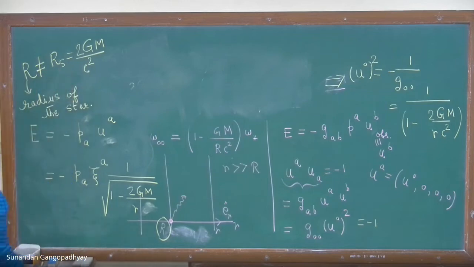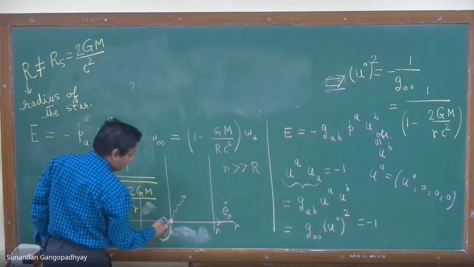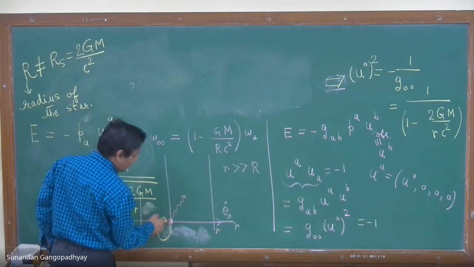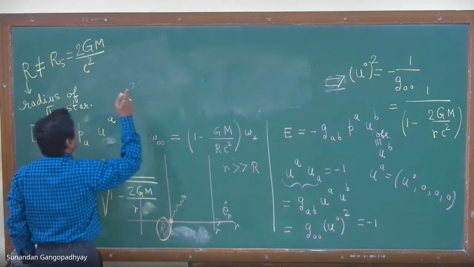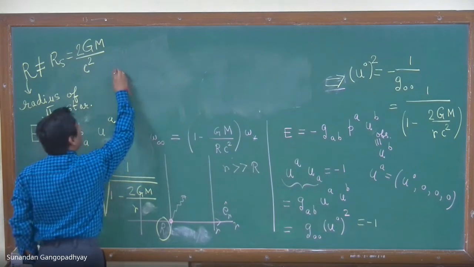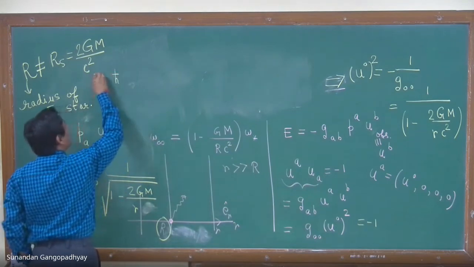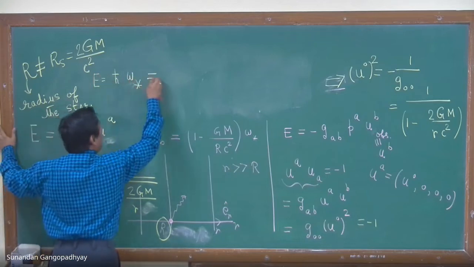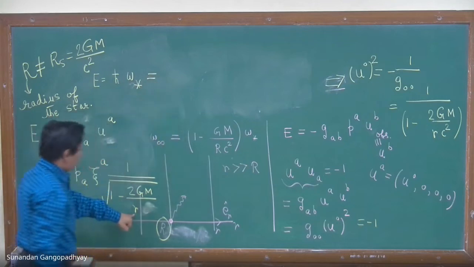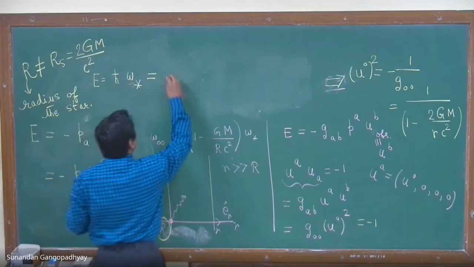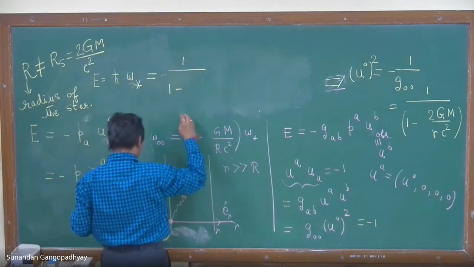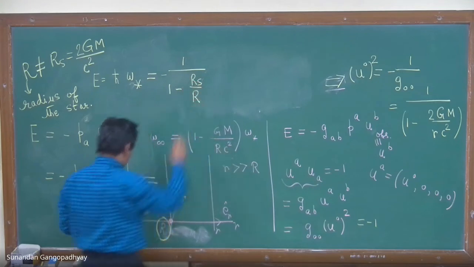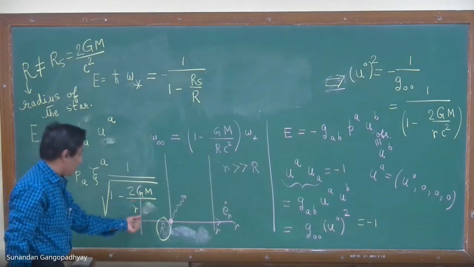So if this is true, now when you are at this point, the surface of the star, the observer who is stationary here is emitting the signal, and that signal has frequency omega star. So what we can write is this energy E is equal to h bar omega star, and that is equal to this, where small r now gets replaced by capital R. So this will be 1 divided by the square root of 1 minus RS by R, because 2GM is RS since c is 1.